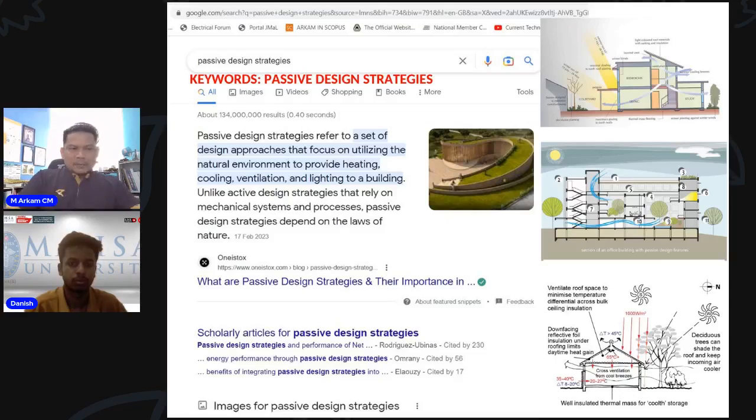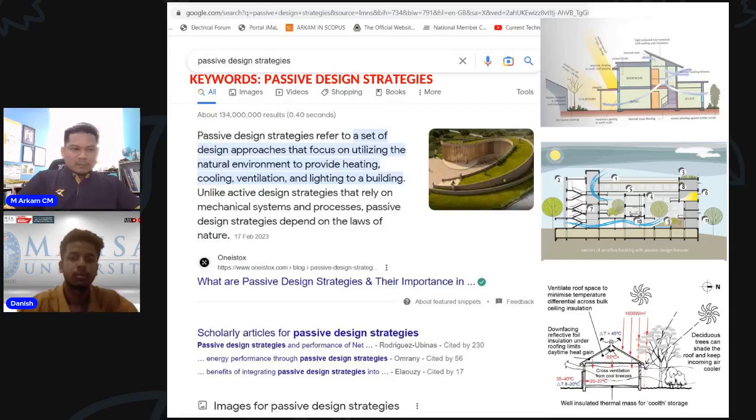So natural environment is the keyword for the overall passive design strategy, where we want to maximize and optimize the nearest environment outside the building to be utilized by the interior, either for cold or heat, or maybe from the light. So those are the basic terms when we talk about passive design strategies.